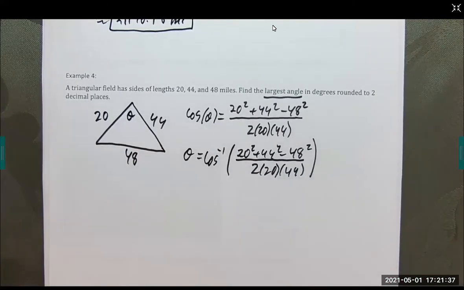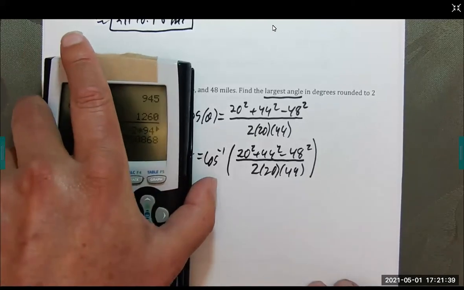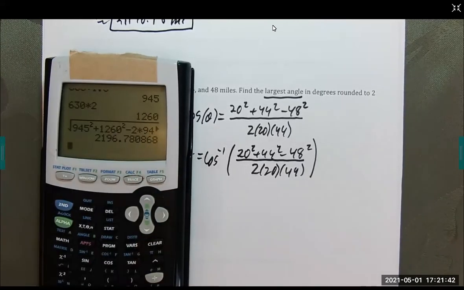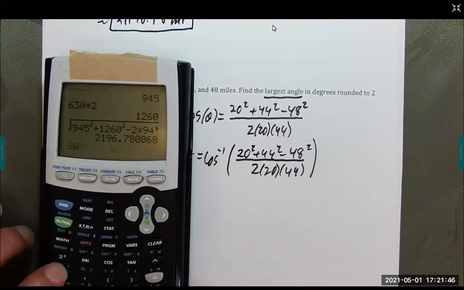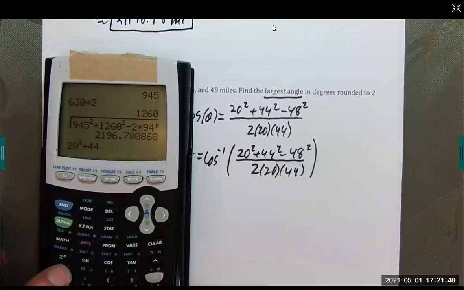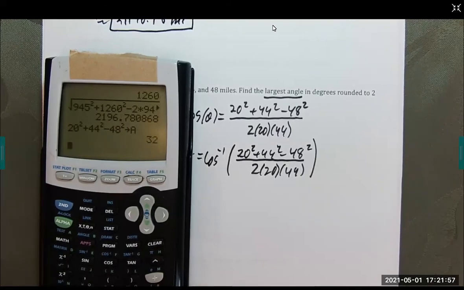Now, I'm not going to do it all at once like I did in the previous time we used this part of the formula. I'm going to break it up like I told you with the memories. So I'm going to do the numerator, 20 squared plus 44 squared minus 48 squared, and I'm going to store that into A. So that's my numerator.